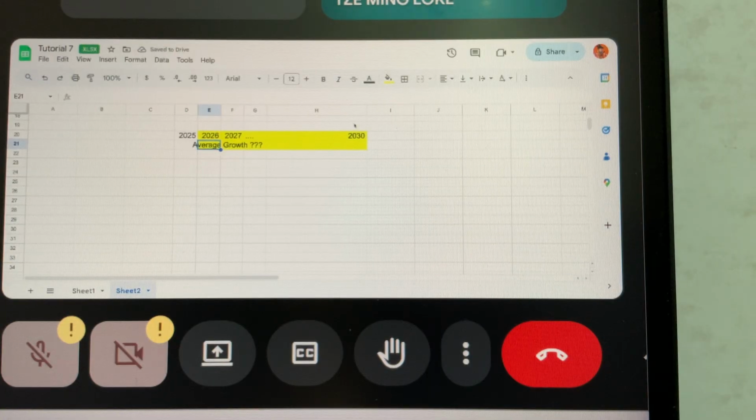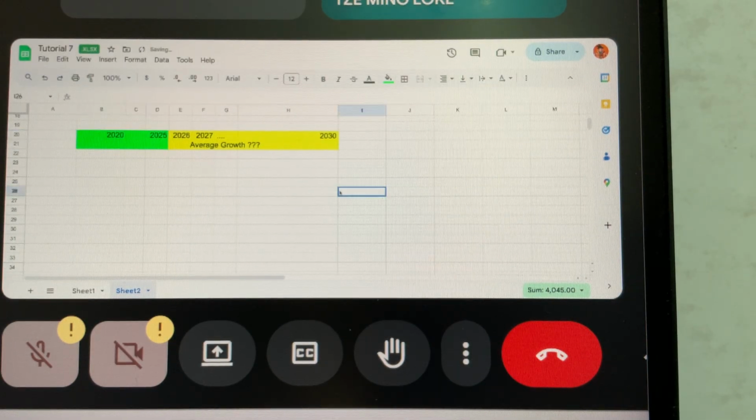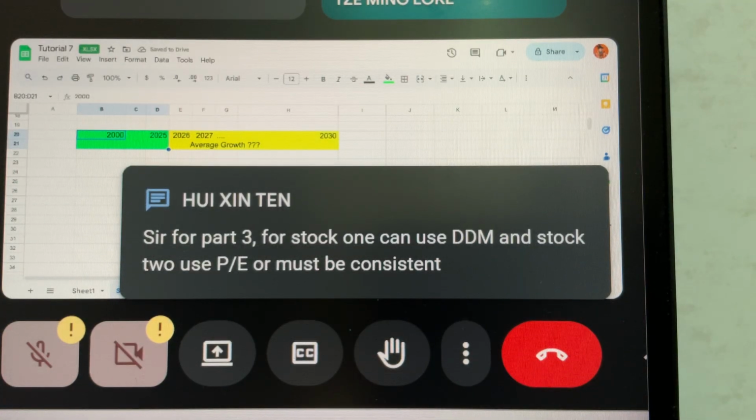So if we want the average growth for this period, whether you use from 2020 to 2025, or let's say year 2000 to 2025, does it make a difference?